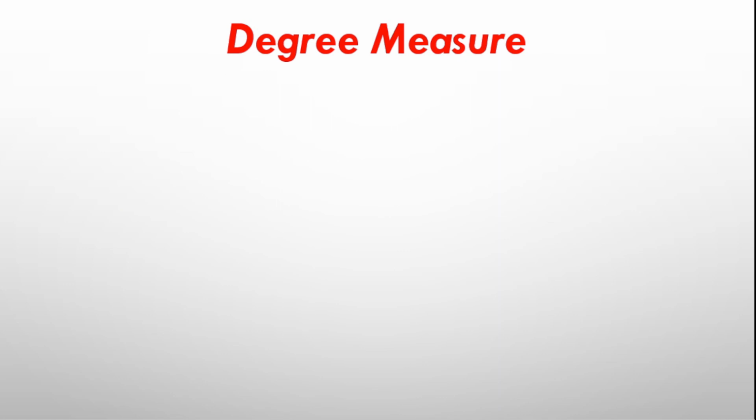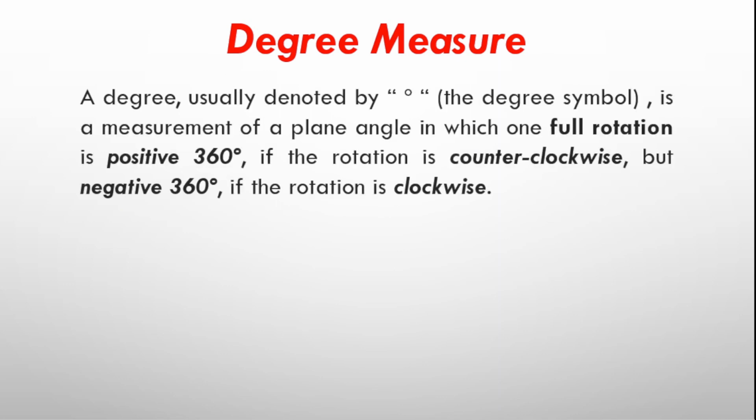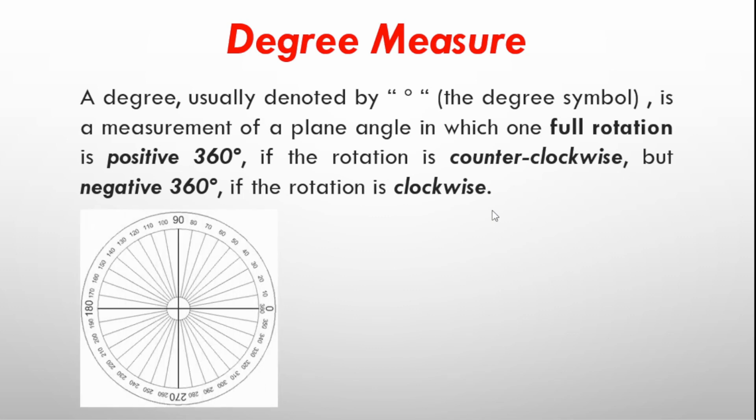Degree measure. What is a degree measure? A degree, usually denoted by the degree symbol, is a measurement of a plane in which one full rotation is positive 360 if the rotation is counterclockwise, but negative 360 if the rotation is clockwise.